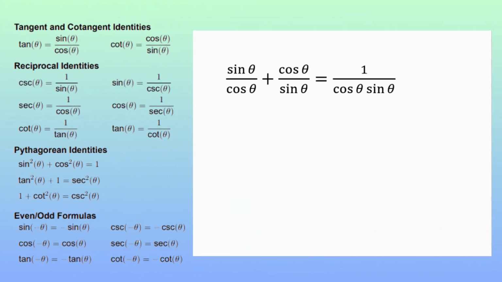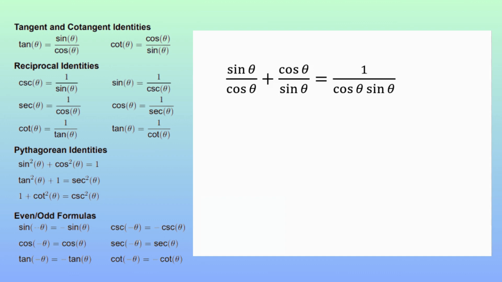All right, so here's another tip when you're proving trig identities. So we can see we have two fractions, sine over cosine plus cosine over sine. The left side looks more complicated, and a lot of times when you're dealing with separate fractions, the tip is you want to get a common denominator.